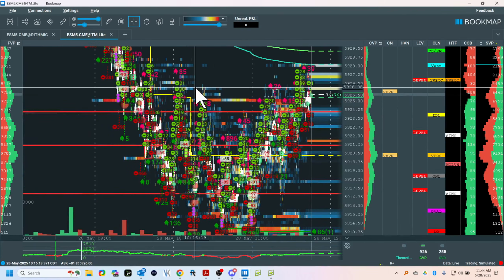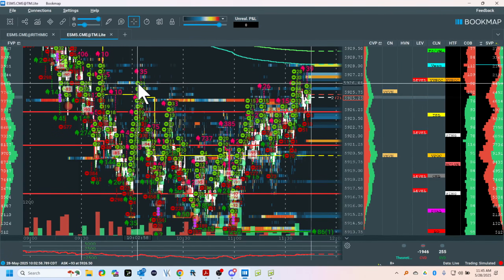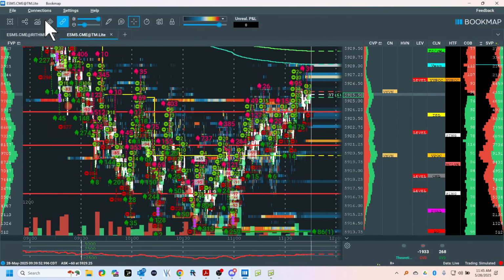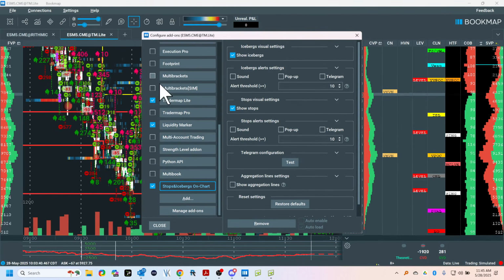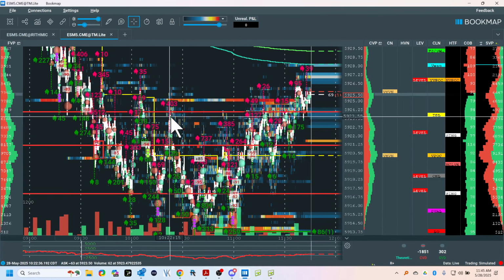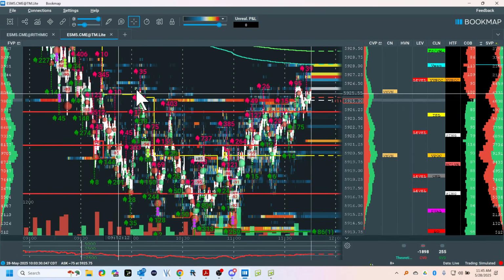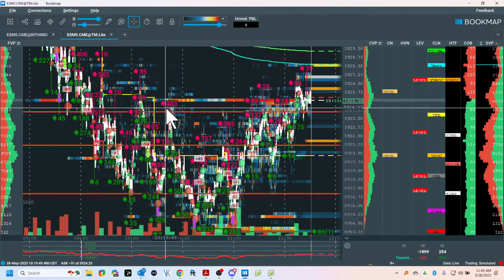Here's another thing. Write this down, guys. You need to look left. Where are the swings? Because the stops are above the swings. Here. And retail traders trail their stops. Think like a retail trader. Don't act like one.